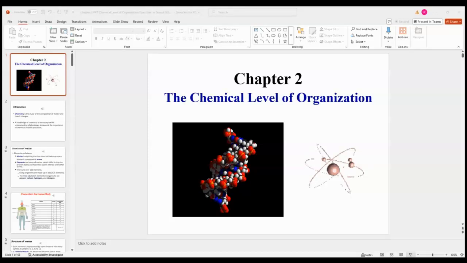So what if two hydrogen atoms would come together? So here's 1 hydrogen, it's got 1 electron. What if another hydrogen would come next to it? It also has 1 electron. And what if they would share those electrons?